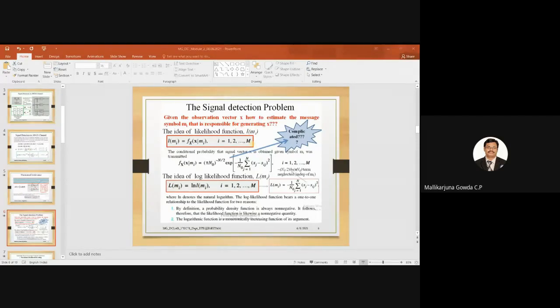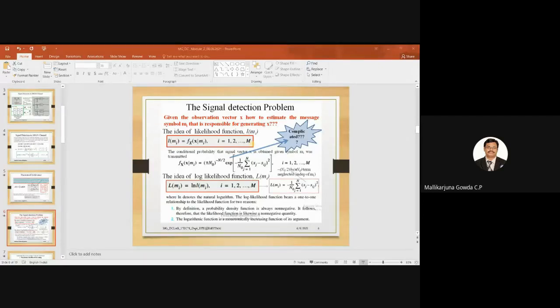That is why I wrote ln of l of m suffix i. This I also discussed yesterday. When I take the natural logarithm of this equation, what I get will be my log likelihood function.